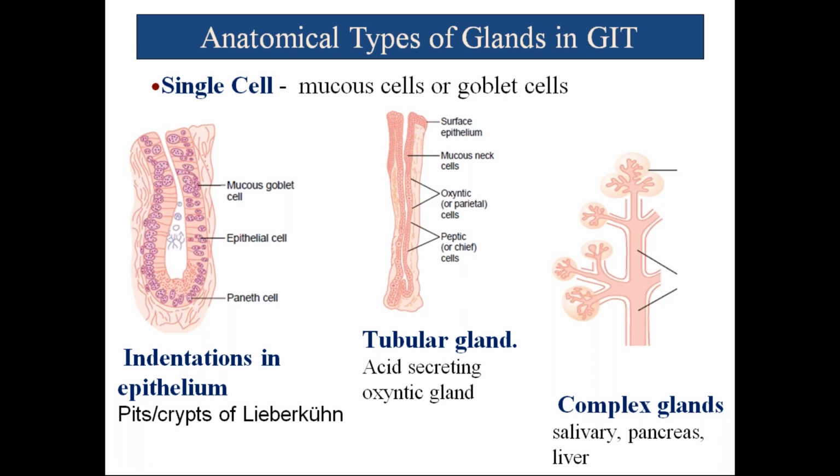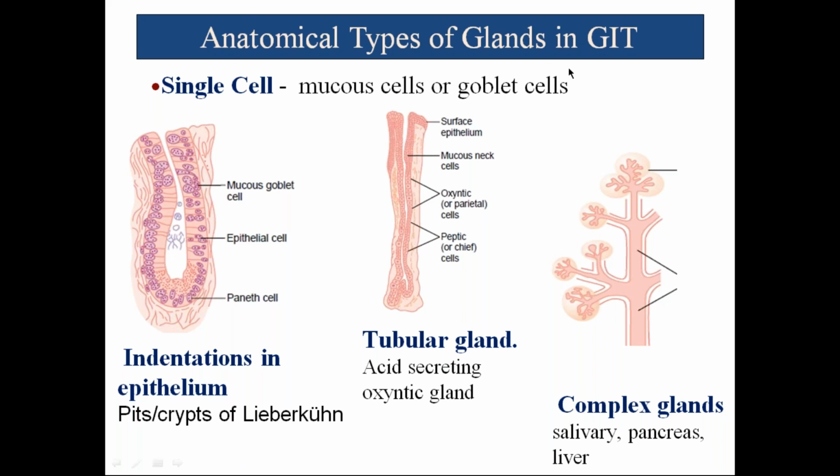These are also the mucous glands, or simply called the goblet cells. These are located on the epithelium of the GIT, and their main function is to produce or to secrete mucus. Mucus forms a protective covering also, and it helps in lubrication of the contents also.